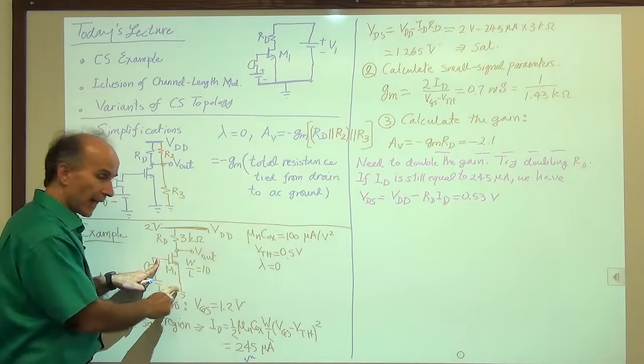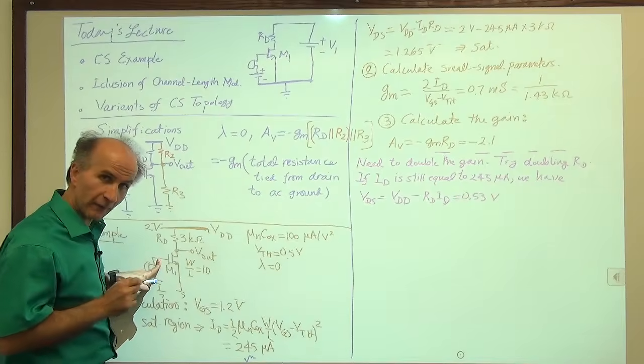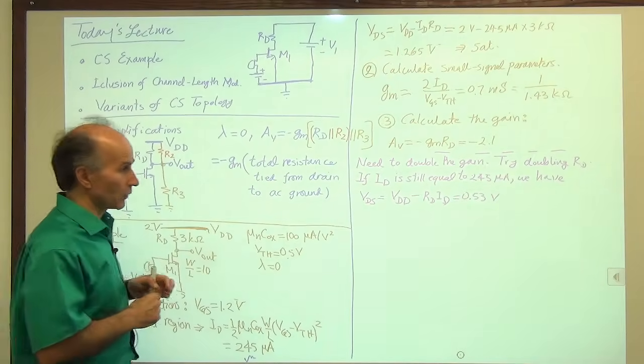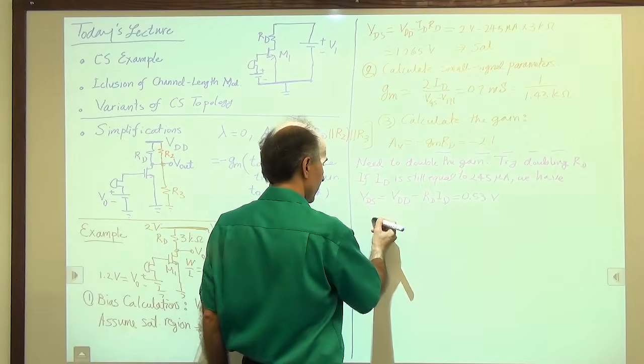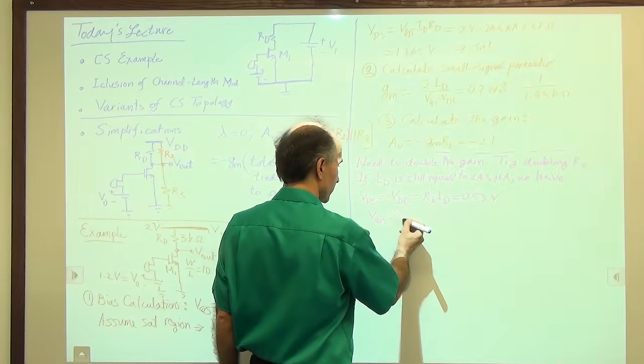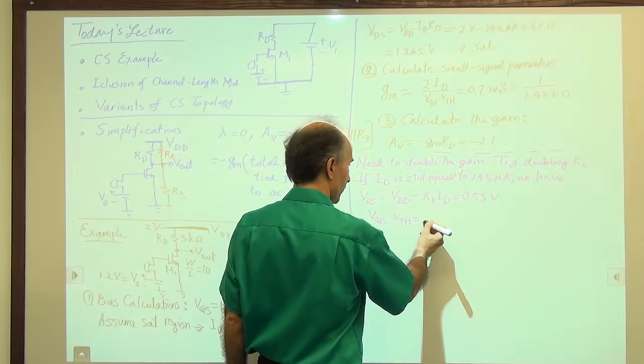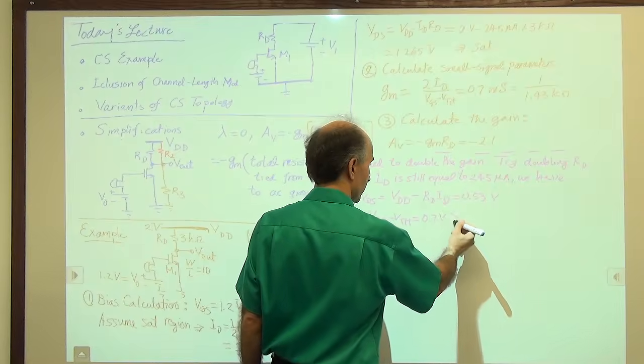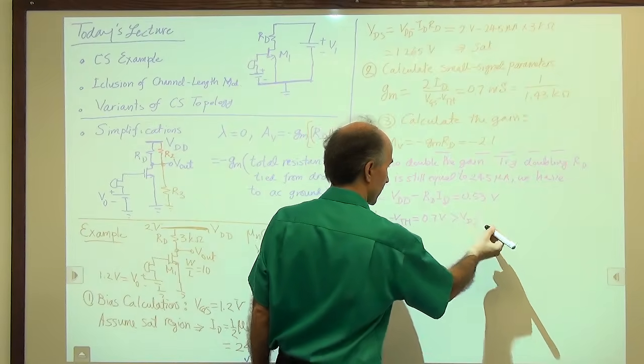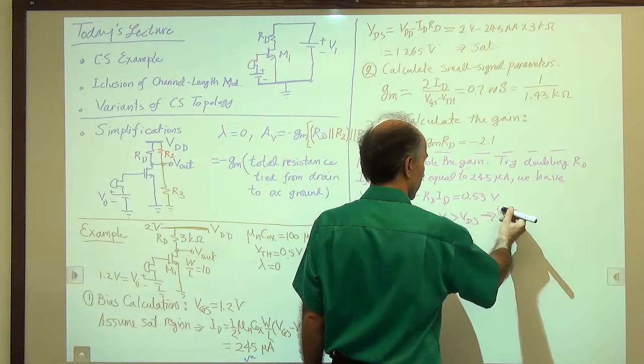So VDS has to be greater than 0.7 volts, but it's not. So compare this to VGS minus VTH. And we see that that's 0.7 volts, which is greater than VDS. It's an NMOS device, so we are in triode region.